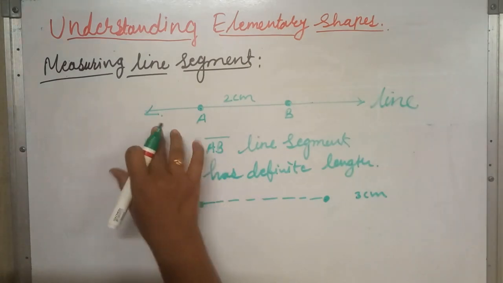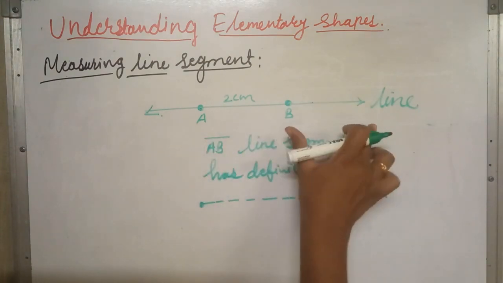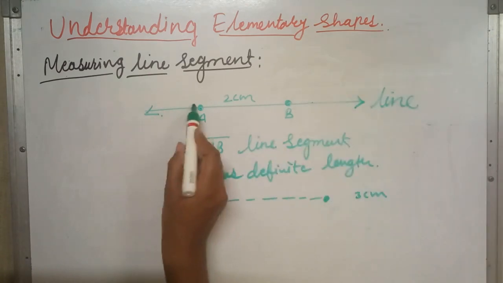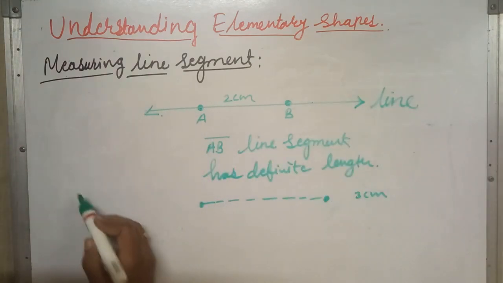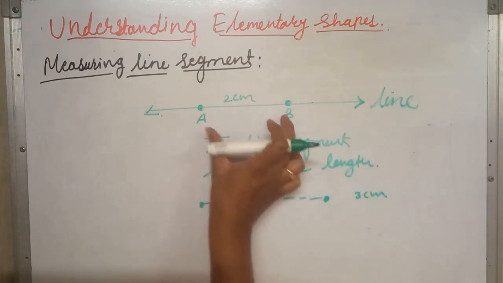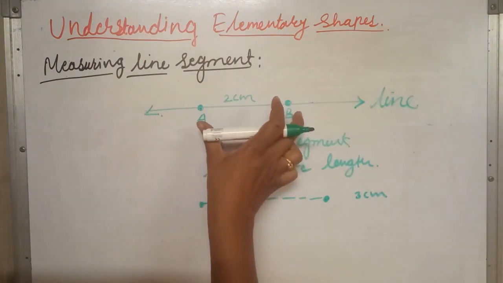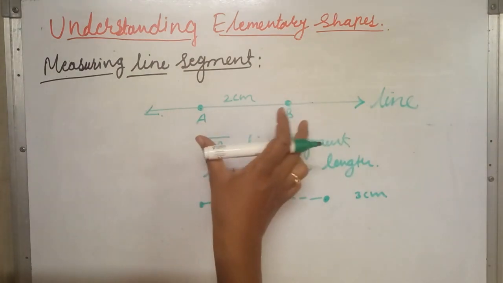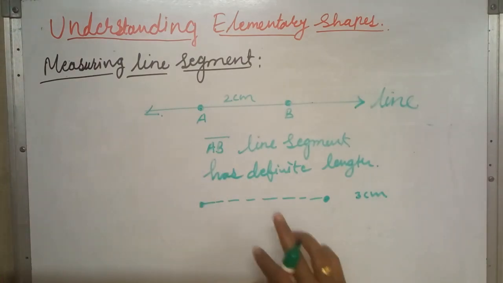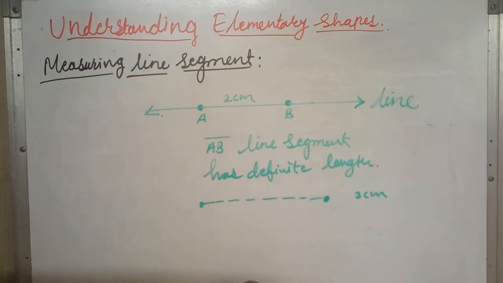So you can see, can we measure this line? Can we measure this line? As it is infinite, from here I can extend this. From here I can extend this. So can we measure the line? No. But as AB is a line segment, it has a fixed distance, and as it has a fixed distance, this makes it possible to measure a line segment.